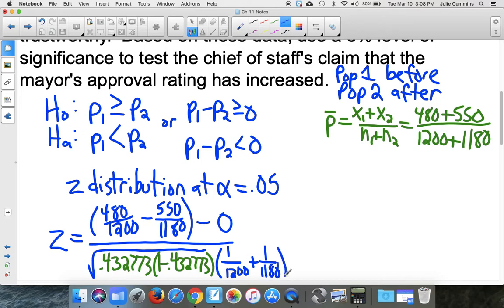And that's still all under the square root. So that's big and fun and exciting. You're going to put that all into your calculator, and we get negative 3.25. Okay. So that's our z-score.